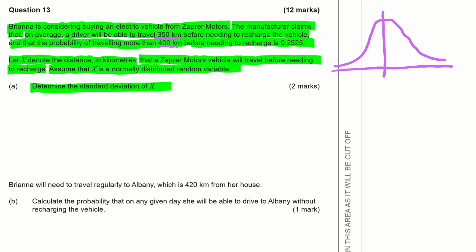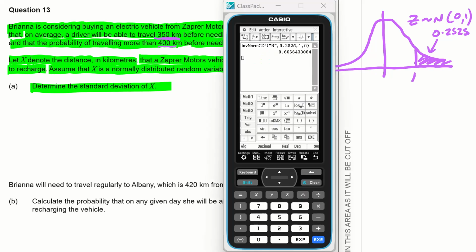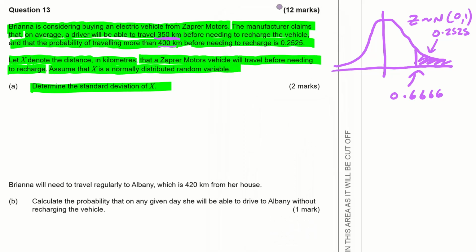So if we have the standard normal, which remember is a normal 0, 1, and we have 0.2525 down here, that gives us this value here, 0.6666, as we can see there, and then we can use that as a z-score.